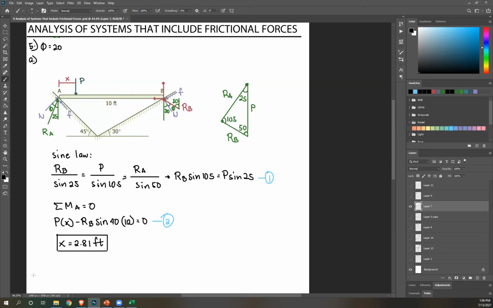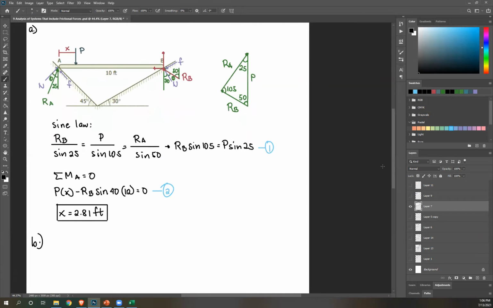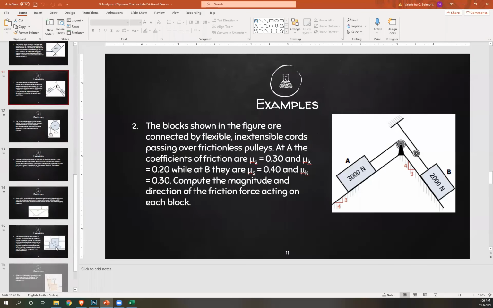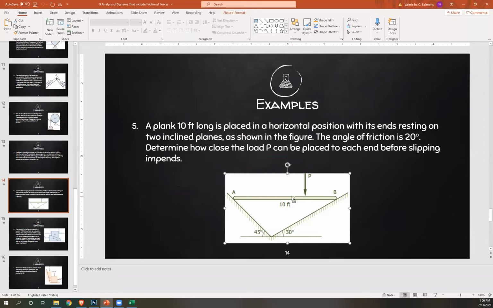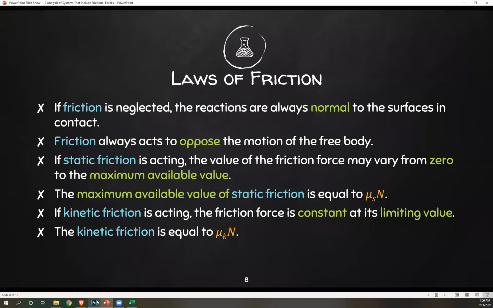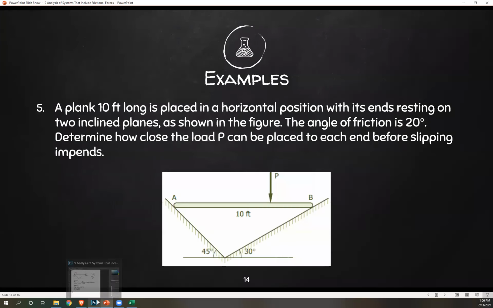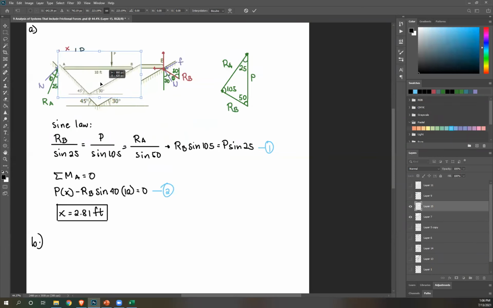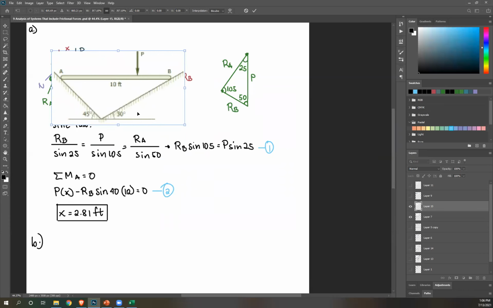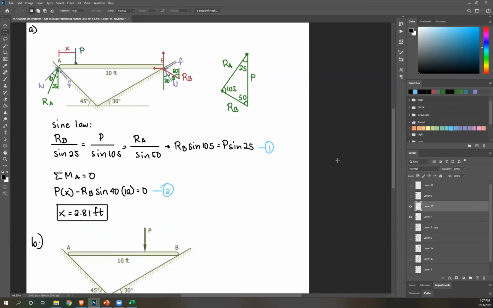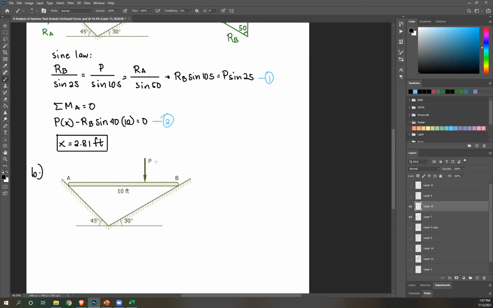And then next, part B. Almost the same. Okay, let me copy that again. And then this is what we need.